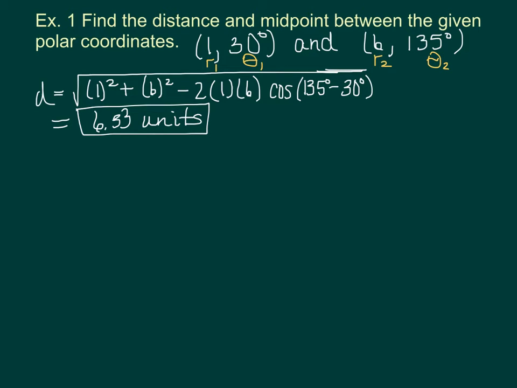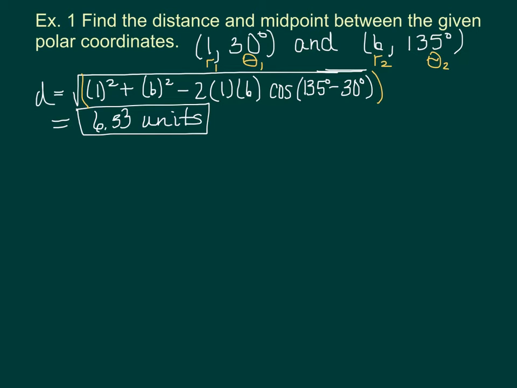Make sure your mode is in degree mode, since those are degrees. And then another thing that might have happened, your calculator probably gave you a square root to start, so you're going to have to put a double square root if that happens, and then try it again and see if you get the right answer.